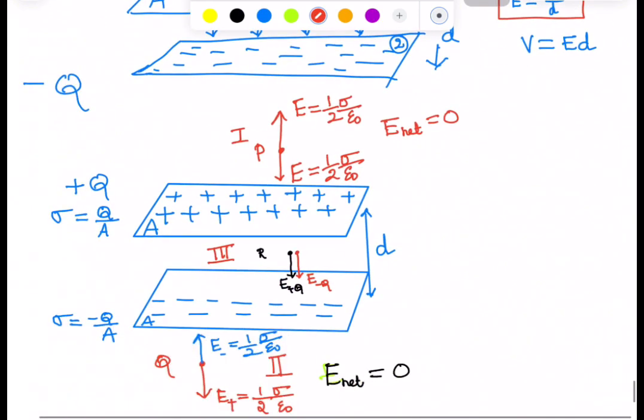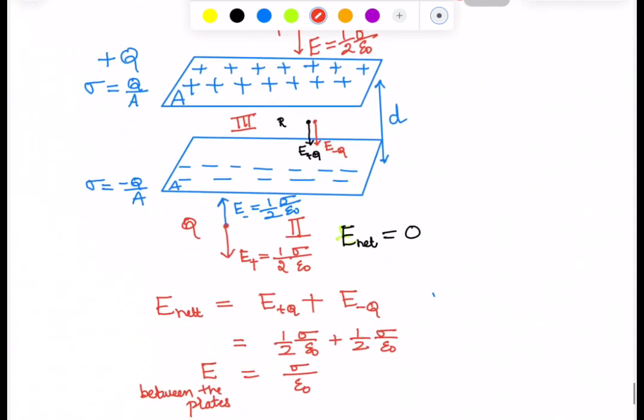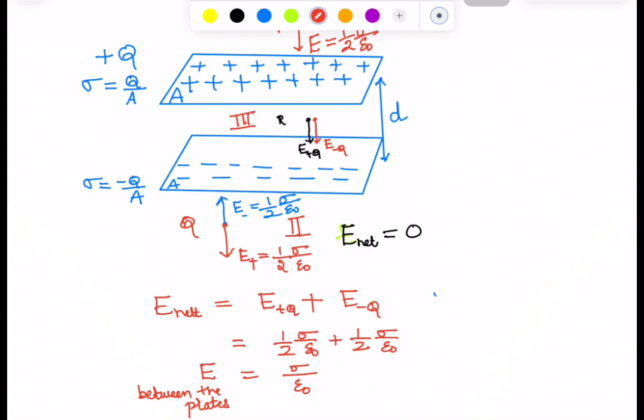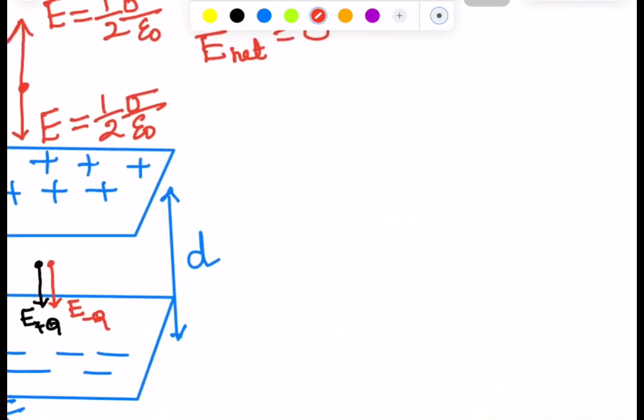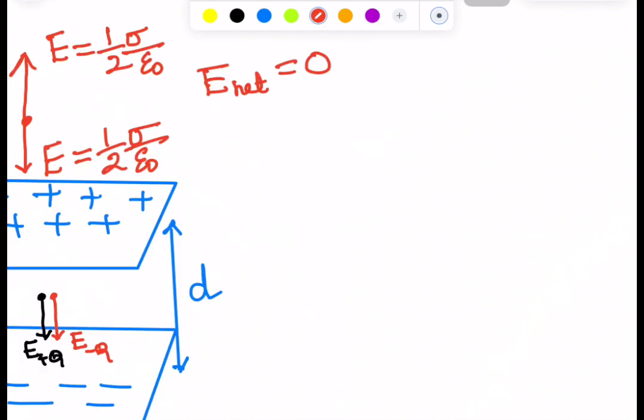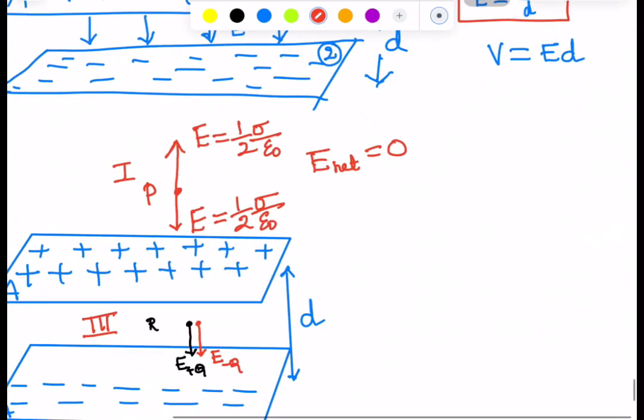Now make use of this equation here. What is the capacitance of a parallel plate capacitor? The capacitance C is given by Q by V. It is found that the charge developed is proportional to the potential difference.